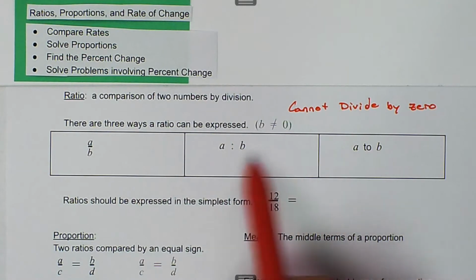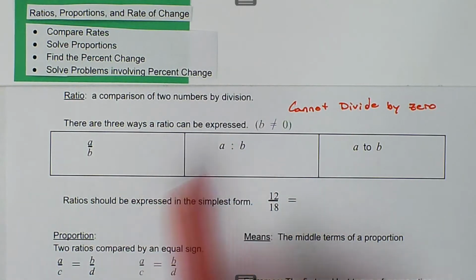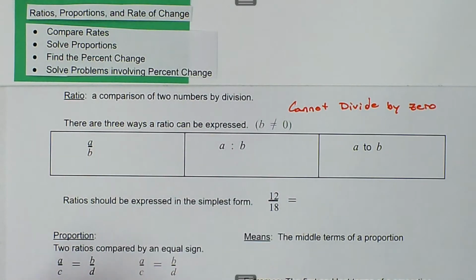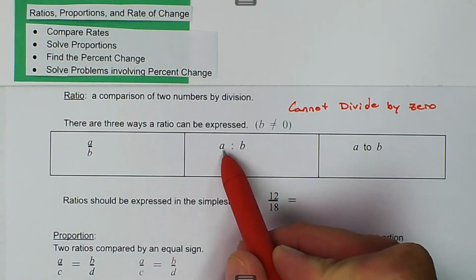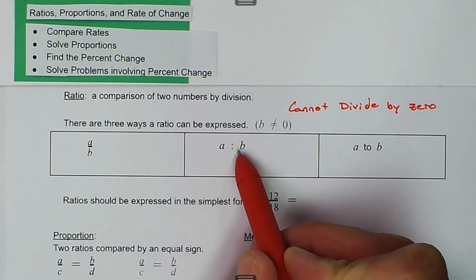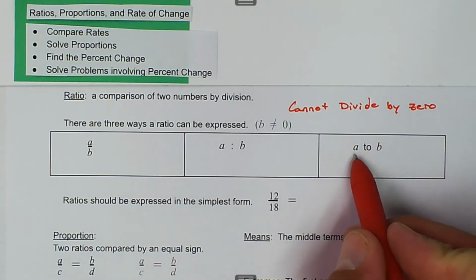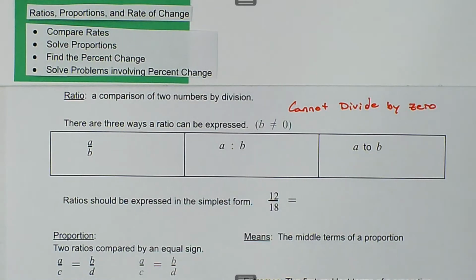And the way that these other ones are written are basically saying divide by B. So we have A divided by B as a fraction, we have A to B with a colon in the middle, and then we have A to B written out in words.